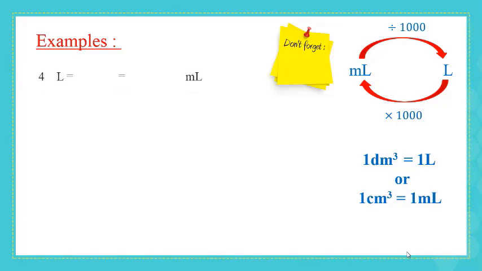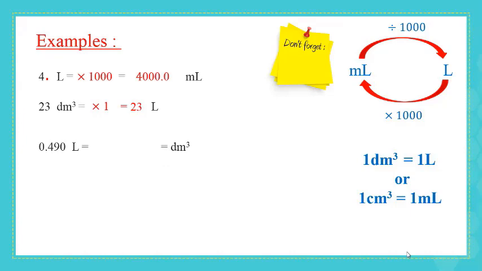How can I convert 4 liter into milliliter? From liter into milliliter, multiply by 1000, so 4000 milliliter. 23 decimeter cube into liter. Decimeter cube is equal to liter, so multiply by 1, 23 liter.